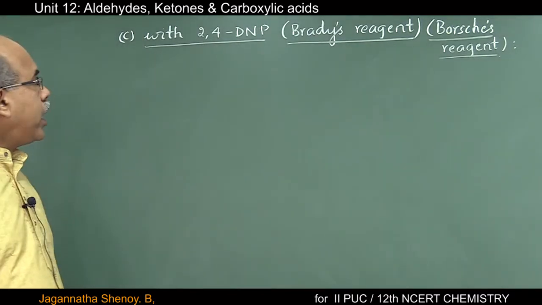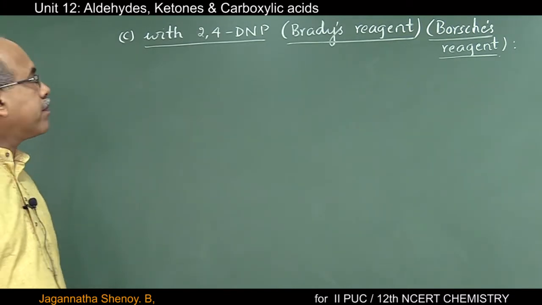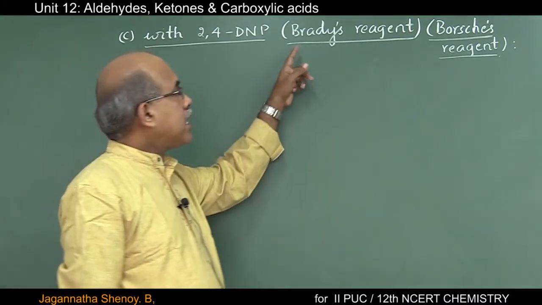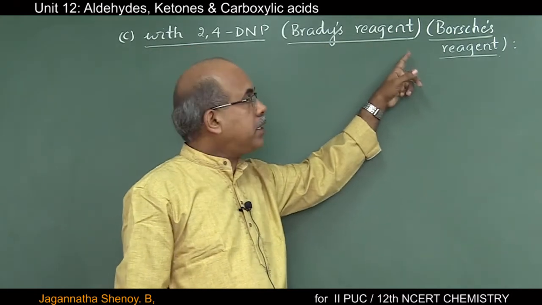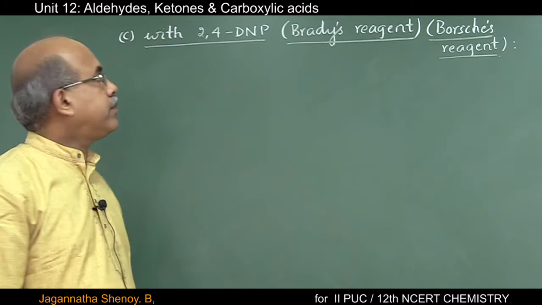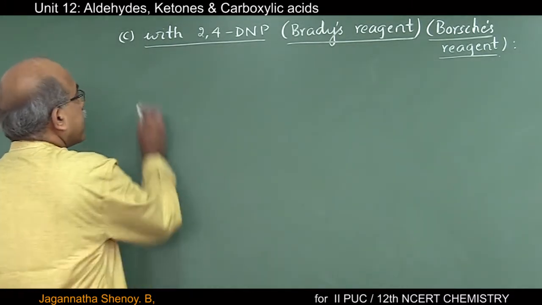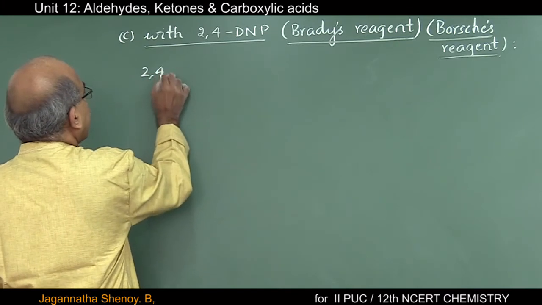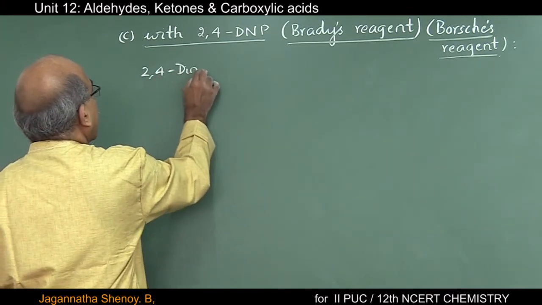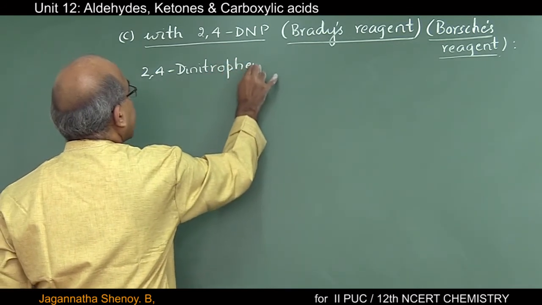The next ammonia derivative I consider is 2,4-DNP. 2,4-DNP is also called Brady's reagent, or it is also called Borche reagent. So what is the structure of 2,4-DNP? The long form is 2,4-dinitrophenylhydrazine.